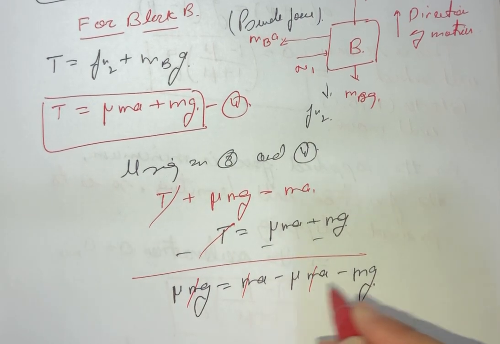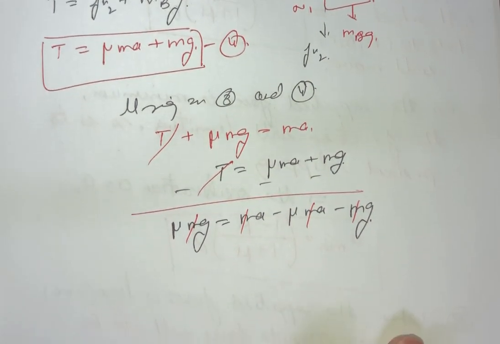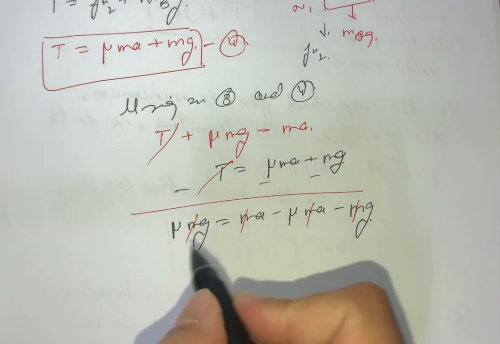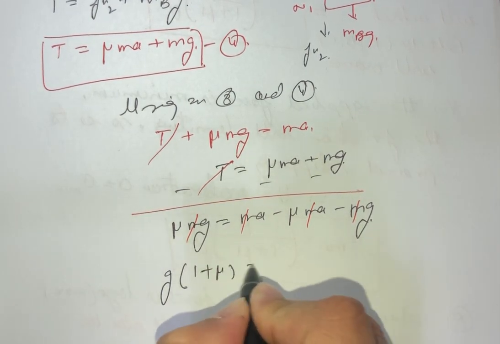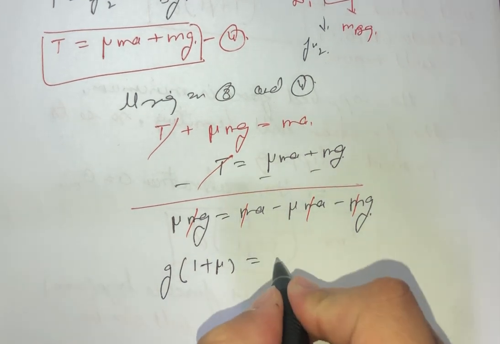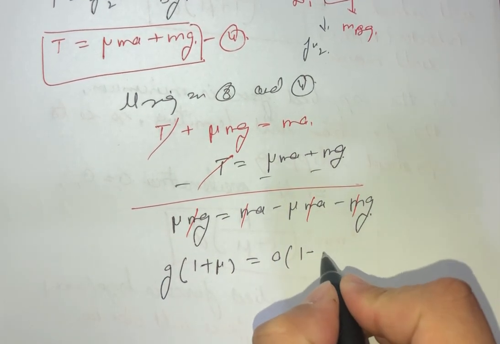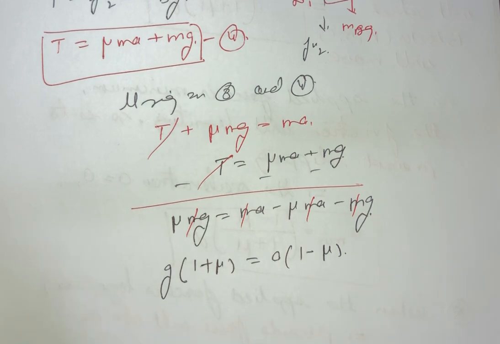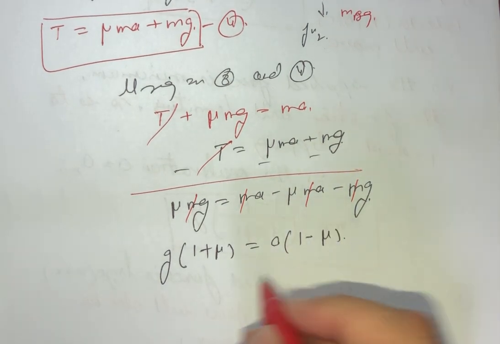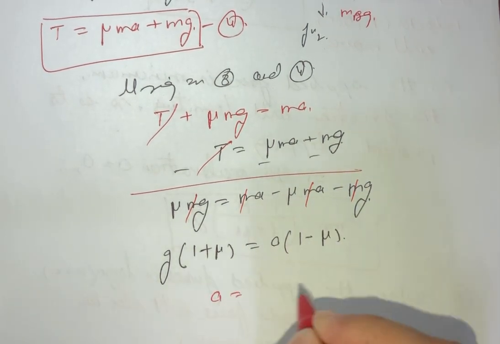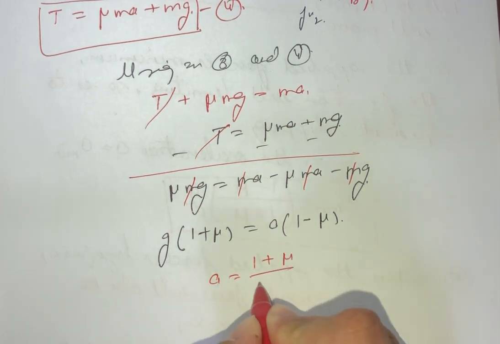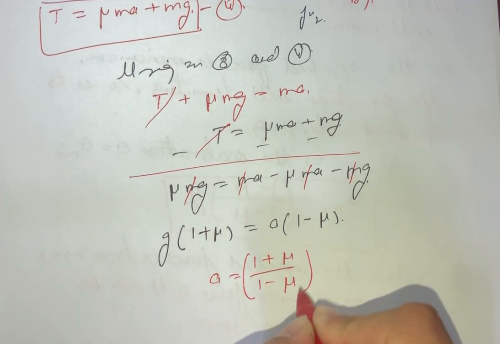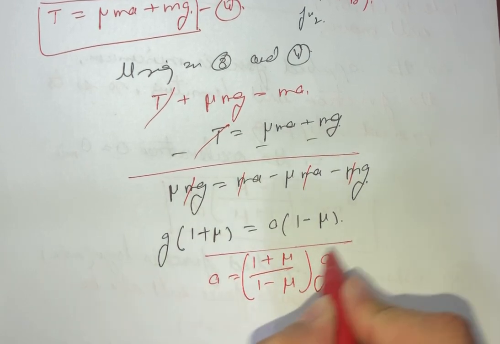M cancels out throughout, and we can rewrite this equation as g(1 plus mu) is equal to A(1 minus mu). From here we can say that acceleration A will be equal to (1 plus mu) divided by (1 minus mu) into g.